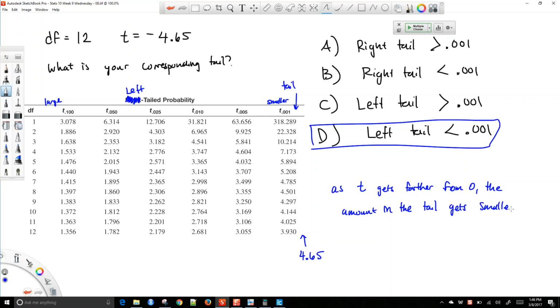So if t is bigger than the largest value, the corresponding tail area is going to be less than 0.001. If t is larger than the last column, the tail is smaller than the last column heading.